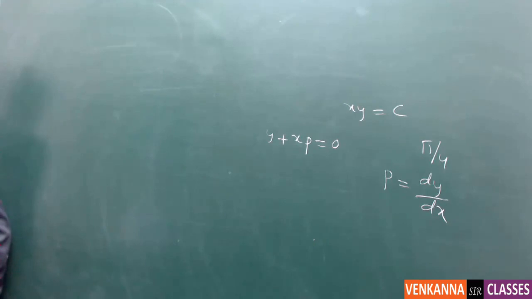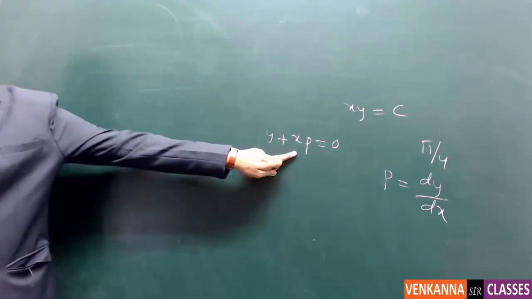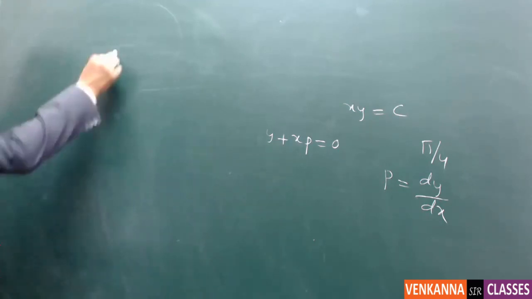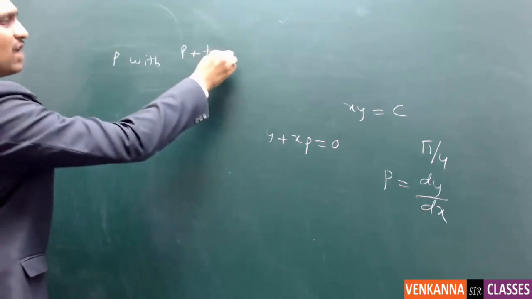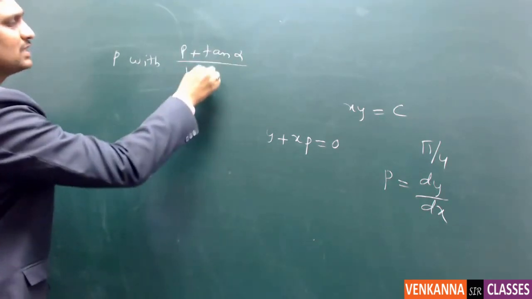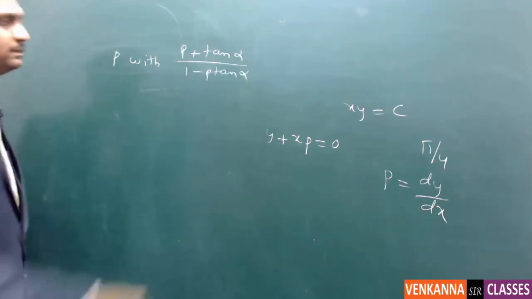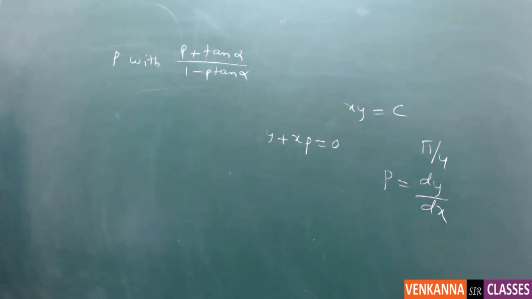Right. So in this differential equation, we have to replace p with p plus tan alpha by 1 minus p into tan alpha. This is the formula.